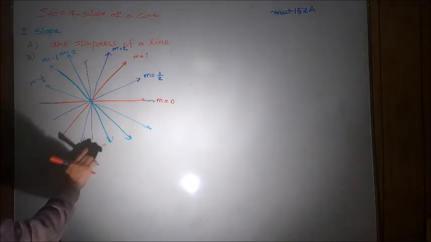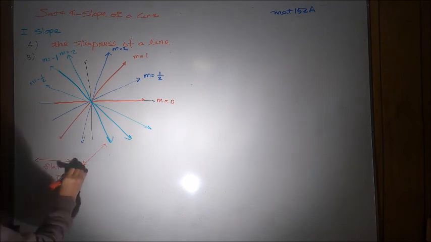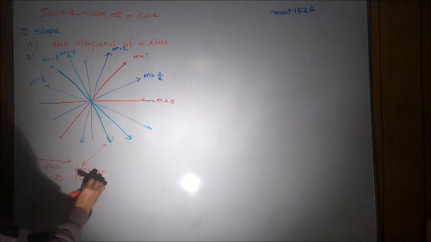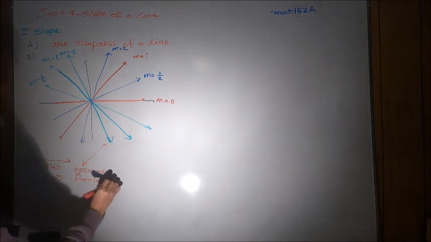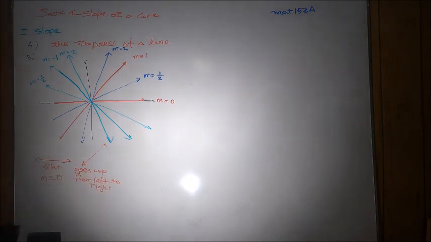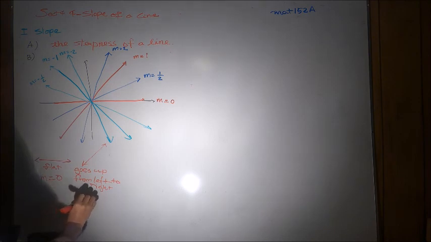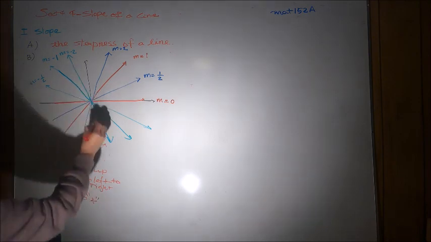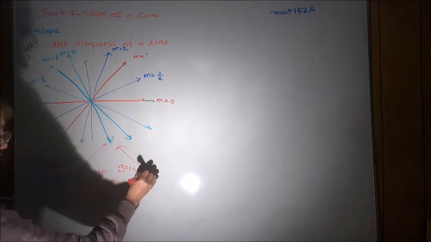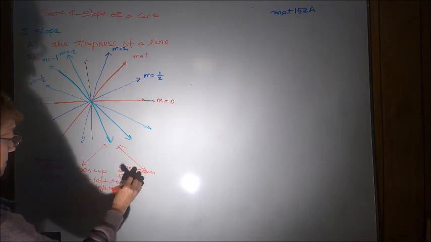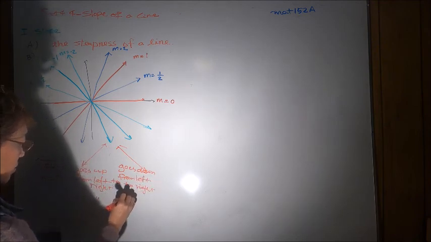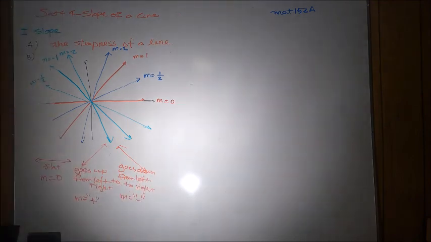If the slope goes up from left to right, then we say the slope is positive, right? If it goes down from left to right, then we say the slope would be negative, right?